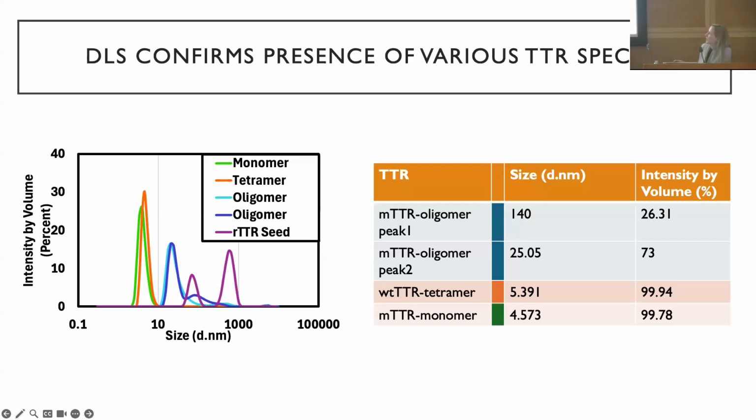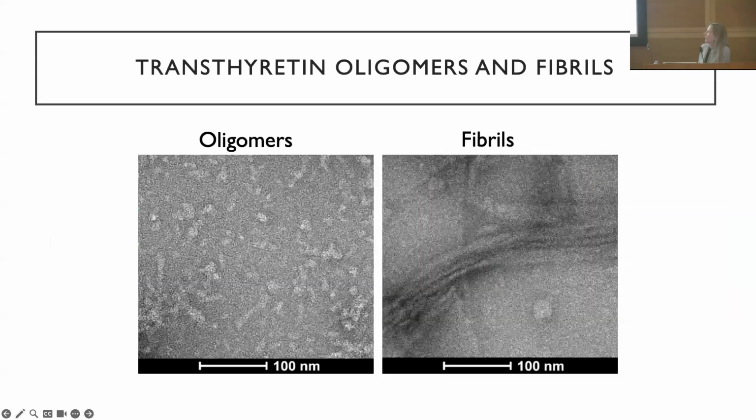And then you can see that in those 2 conditions, we start to see other structures shown here in the 2 variations of blue. And those we actually think are oligomers. And in purple, we have fibrils that we have purified and given as a control. So then we looked at these under transmission electron microscopy.